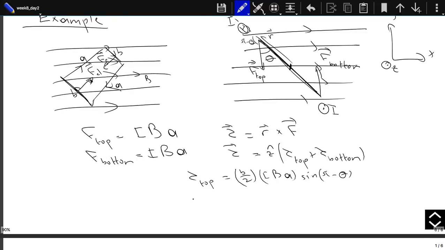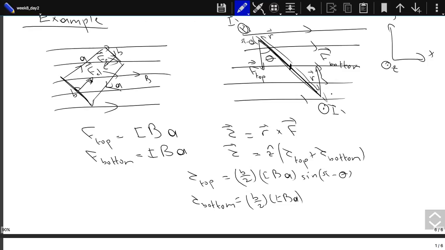Let's write the torque due to the bottom part. What is the torque due to the bottom? This time, this is my R vector. The length of the R vector is again B over 2. The force has the same magnitude.